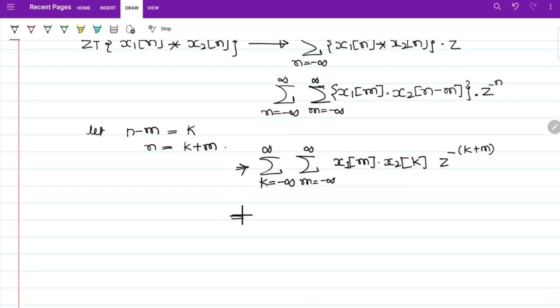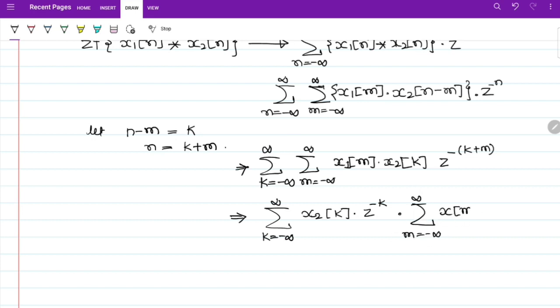Now this will be summation k is equal to minus infinity to infinity x2 of k into z to the power minus k. We need to separate these two, into summation over m is equal to minus infinity to infinity, and here we write all the m terms, x1 of m into z to the power minus m.